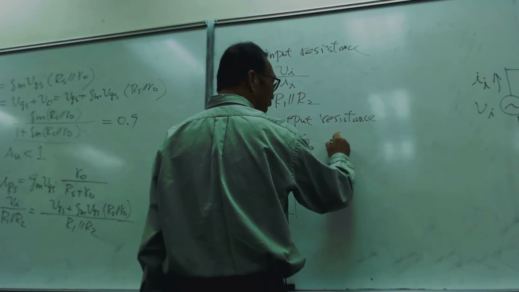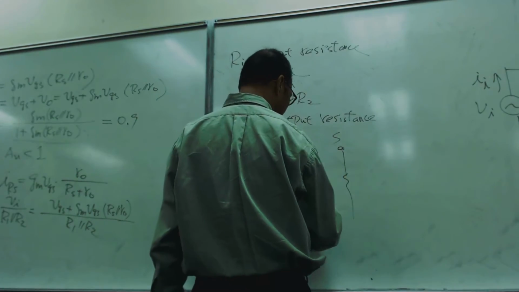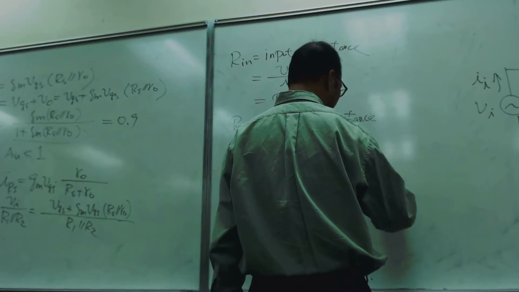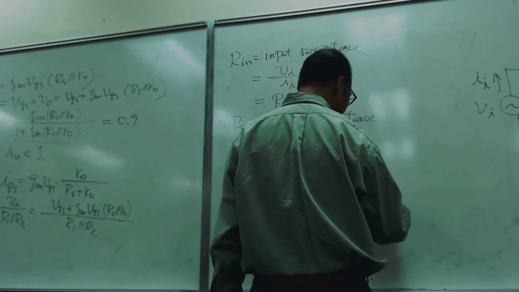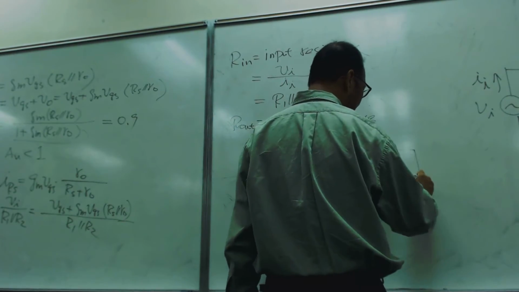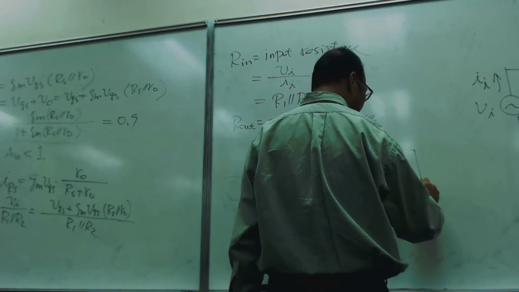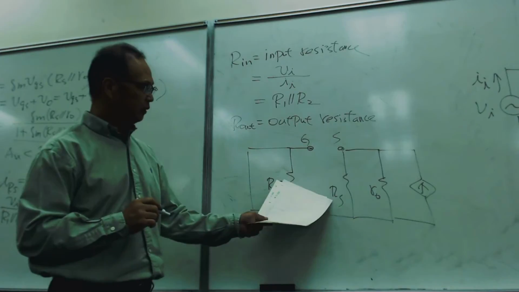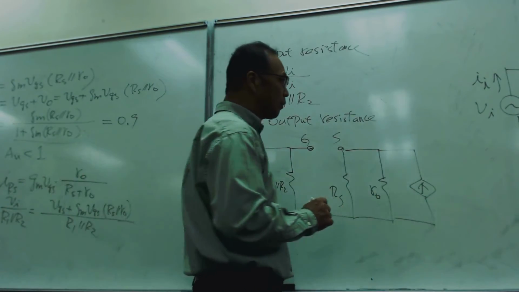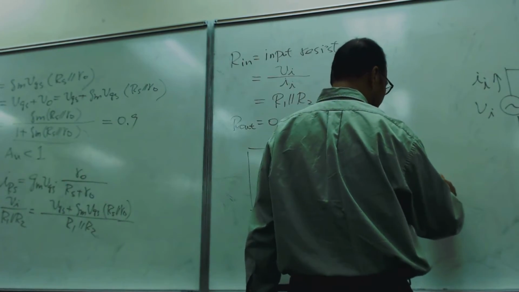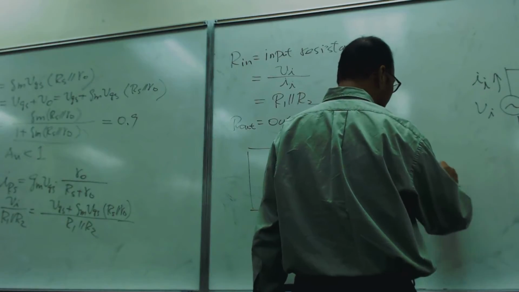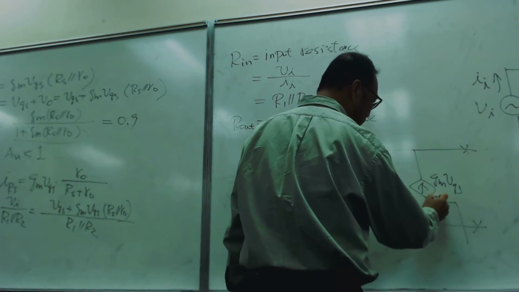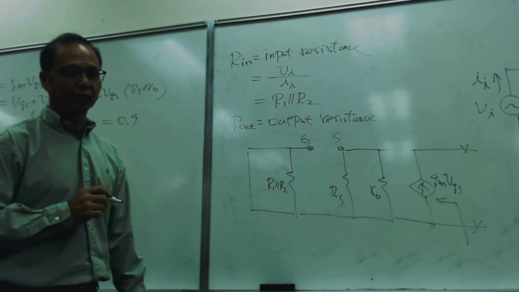G S, R sub S. Then you put these two together, make it easier to see. R S, R O, that's the current source. Alright, then basically that is the resistance you're looking for.